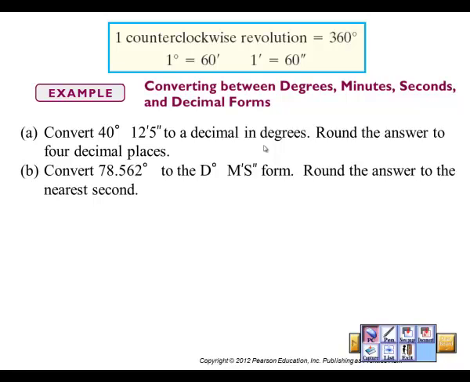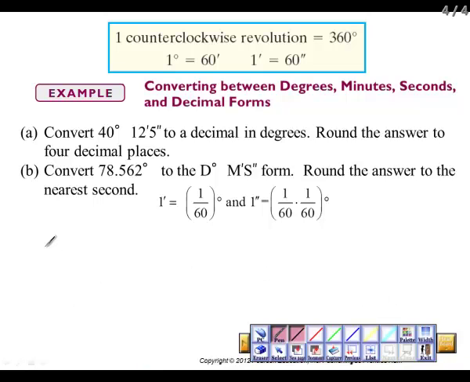What we could do is we could look at 1 degree is equal to 60 minutes. So if we had here 40 degrees, 12 minutes, and 5 seconds, well, what we would do here is we would put plus and then 5 seconds here.